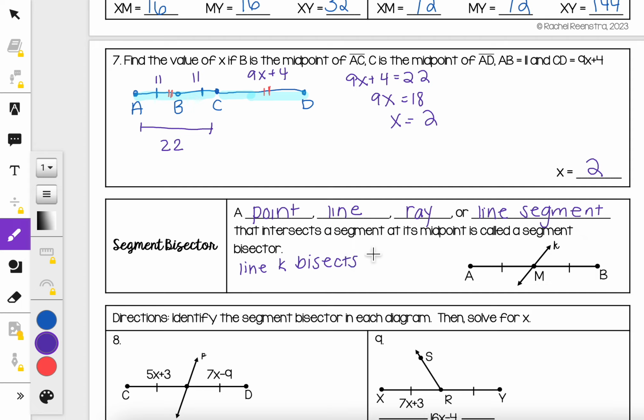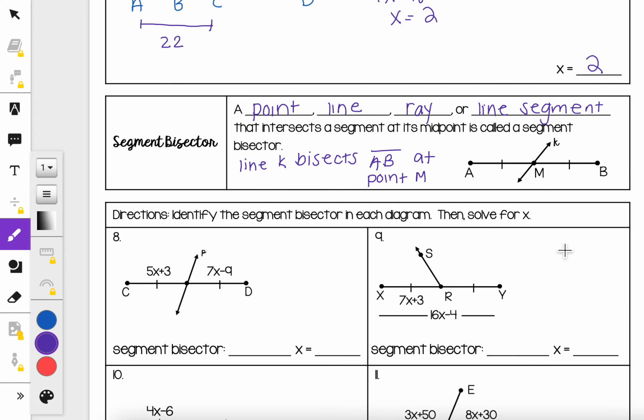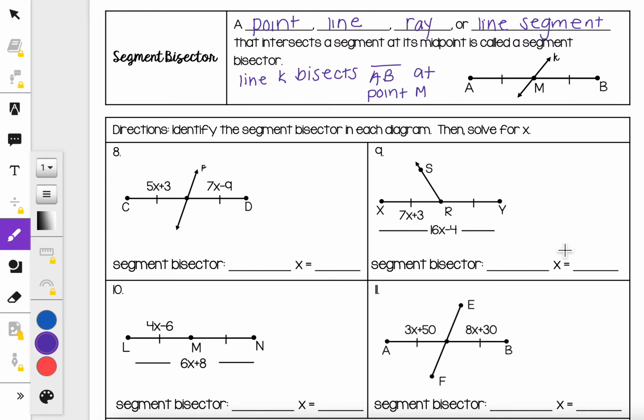So it's going to bisect segment AB at point M. So if it bisects that segment, I know that M is going to be my midpoint, and I know that AM is congruent to MB. So it's very similar to the idea of a midpoint. A midpoint is what we call that point where the line, ray, line segment, or point bisects it.